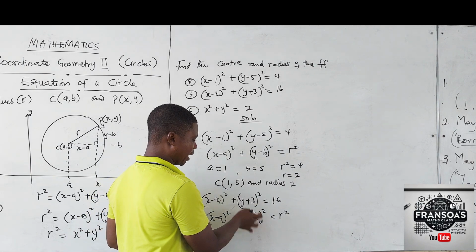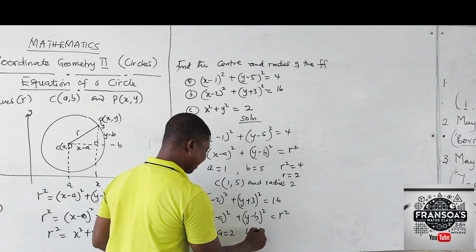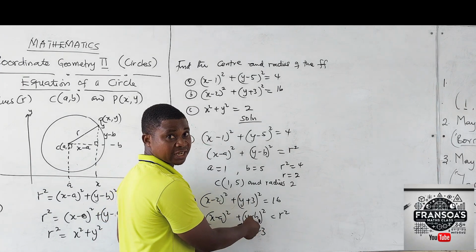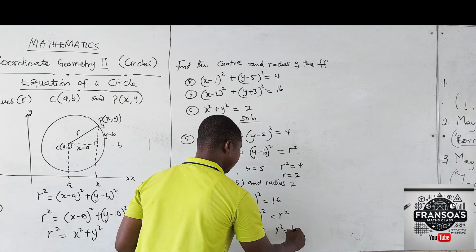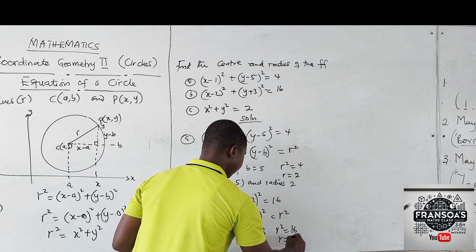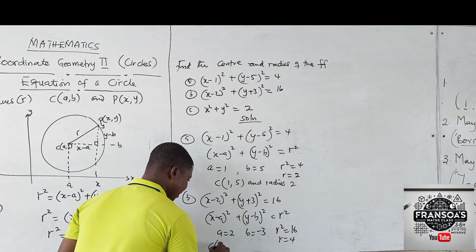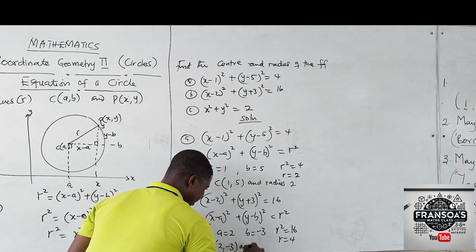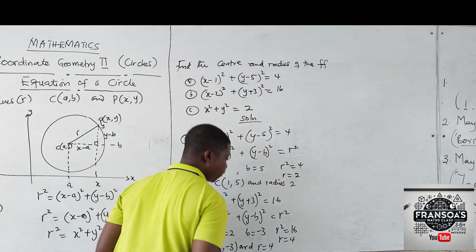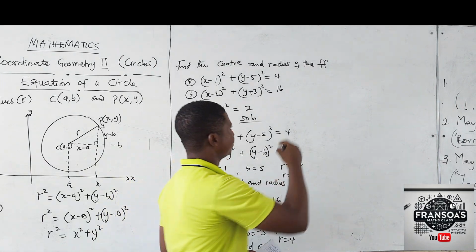Then our b is equal to negative 3, because this is positive, this is negative. And our r squared is equal to 16, so our r will give us 4. So the center C is (2, negative 3), and our radius r is 4.